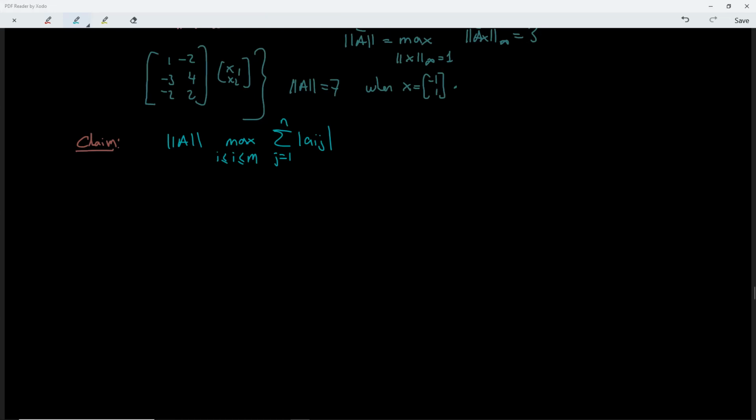So you investigate each row of the A matrix, and you pick the maximum of the sum of the absolute values of the elements.